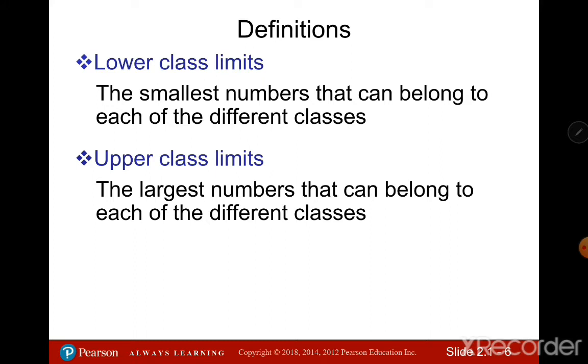If we have 5 classes in total, we will have 5 lower class limits and 5 upper class limits.